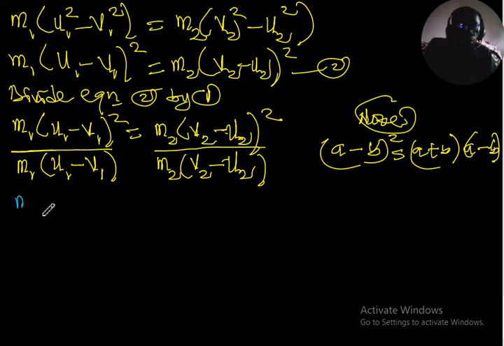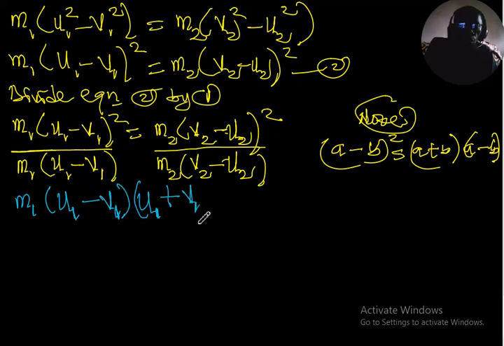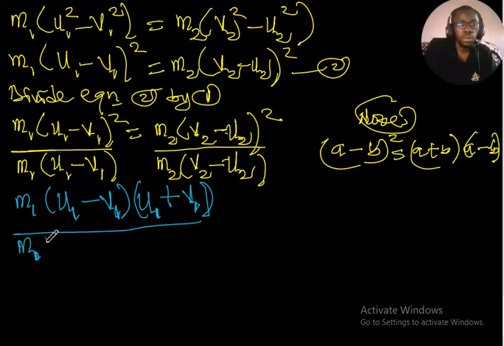If I apply that idea here now, I'm going to have m1 times (u1 minus v1), this is for the negative, then another bracket, (u1 plus v1), over m1 (u1 minus v1).